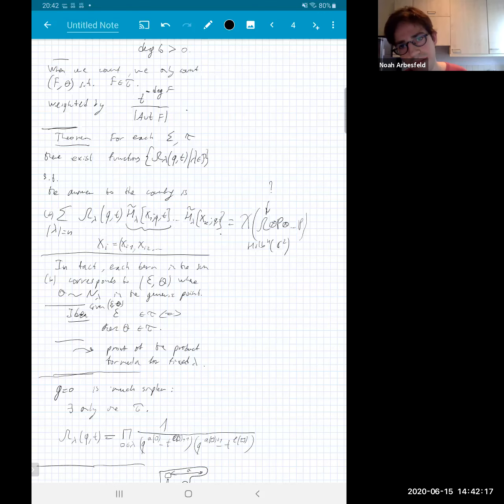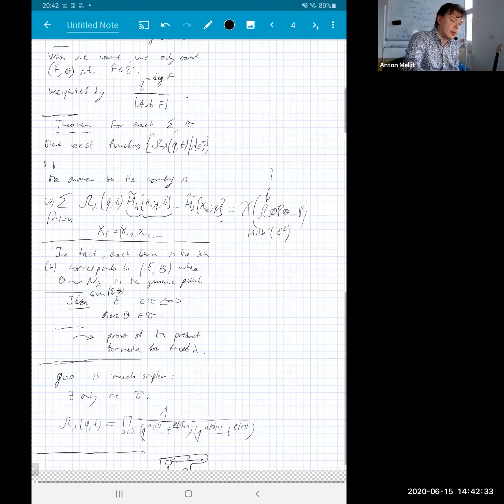Yeah, that would be the analog. But there aren't even Higgs bundles here, right? You go just to the sheaf itself, not the sheaf tensor differentials on the curve.